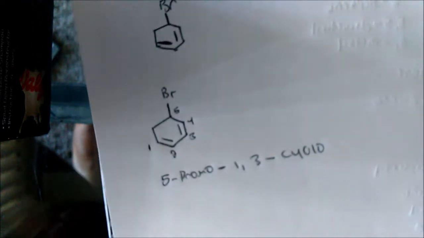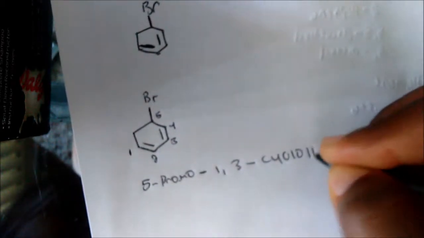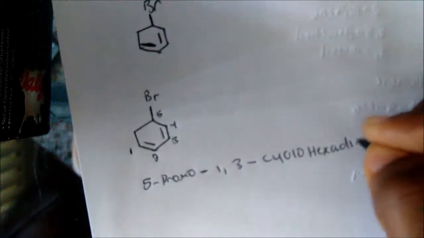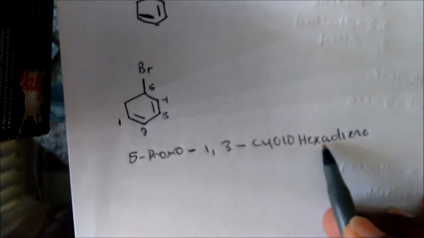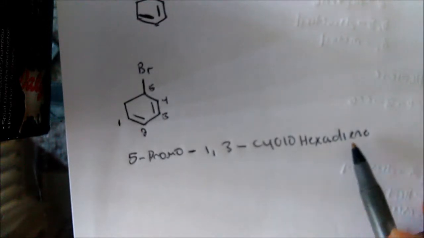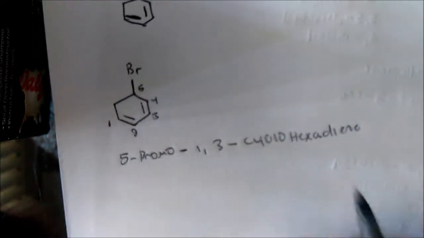Now here's where it gets dicey. Because you're dealing with two double bonds, this would be cyclohexadiene and not just hexene anymore. Notice this is hexa now, so hexadiene, and that di implies that there are two double bonds there.